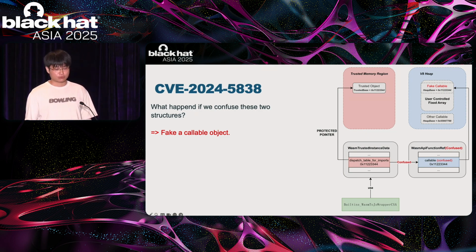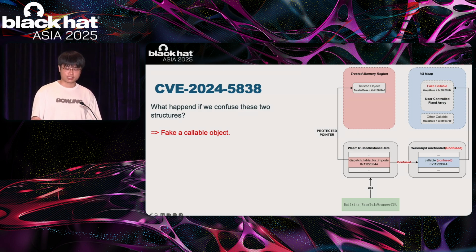As shown in the diagram, when the field data remains the same, the change in object type causes the callable field in Wasm API function ref to be treated as a pointer to an offset within the V8 heap, at address 11223344. This means that if we carefully manipulate the V8 heap layout in advance, we can ensure that the callable field of the confused object points to a controlled memory region.